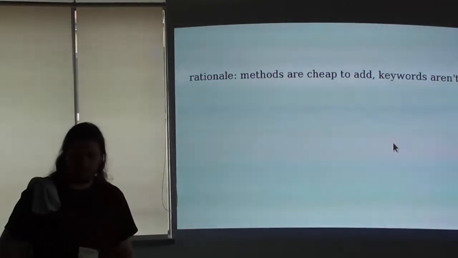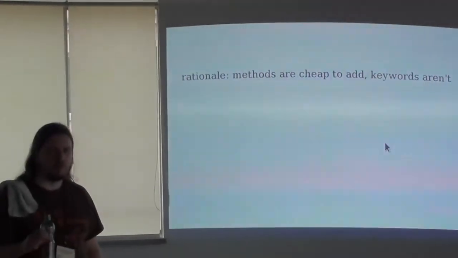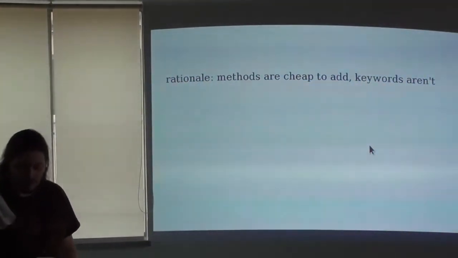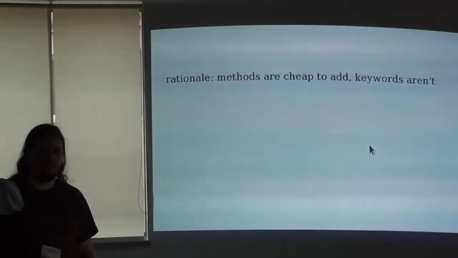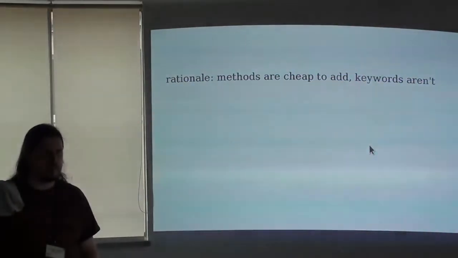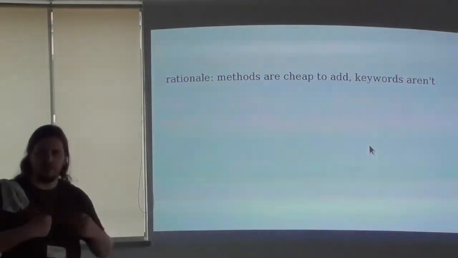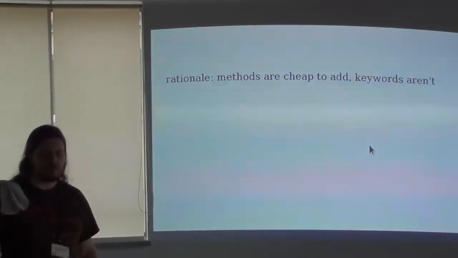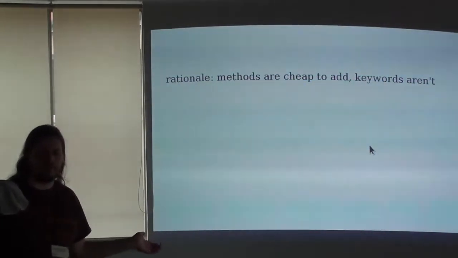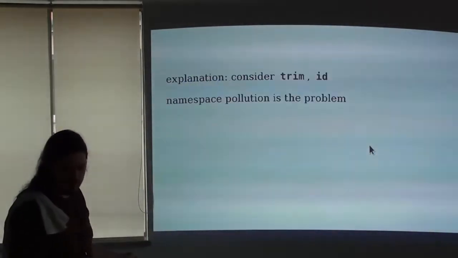They are cheap to add because when you want to add a keyword in Perl, this means that from then on, it's not available anymore for anything else. If you would use a subroutine with the same name, you would override it. So this is kind of a namespace clash. When you call methods on objects, that won't happen. You won't have a namespace clash that way.